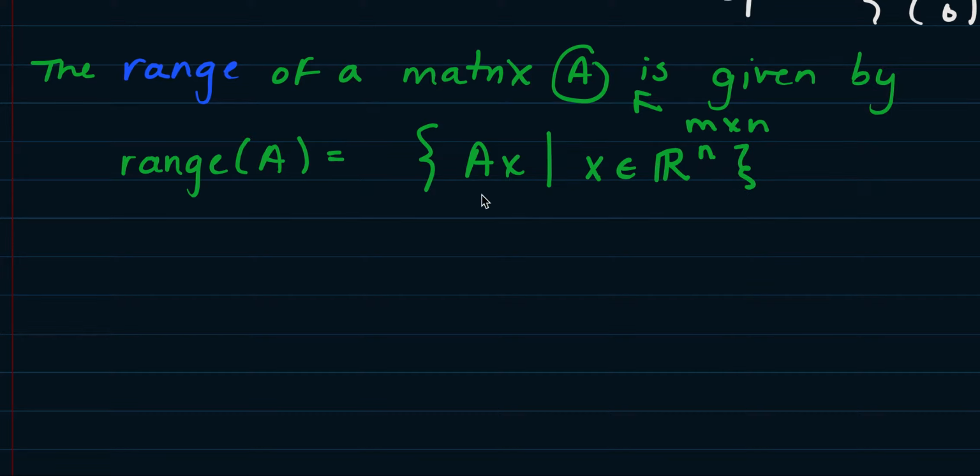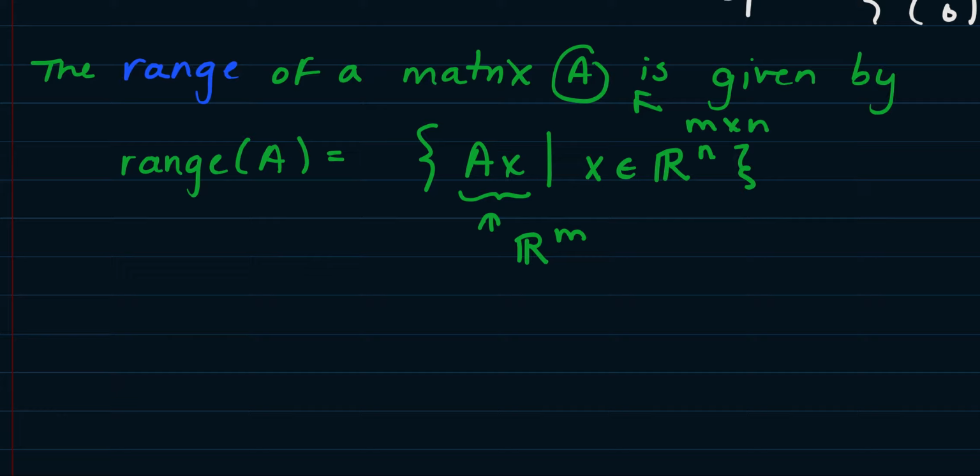So this is all the products you can get for any vector in Rn. If you multiply it by the matrix A, that product you're going to get belongs to the range. And this is going to be a vector in Rm.